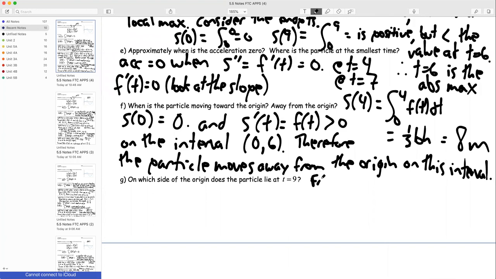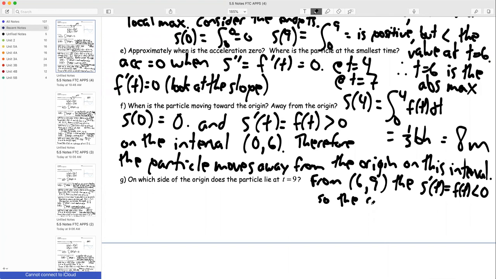So from 6 to 9, the velocity of the particle, S prime of t, which is equal to f of t, is less than 0. So from 6 to 9, the velocity is negative. So the particle moves towards the origin.